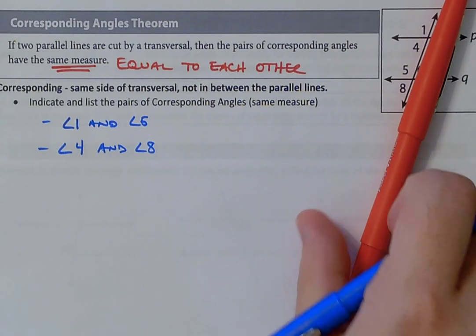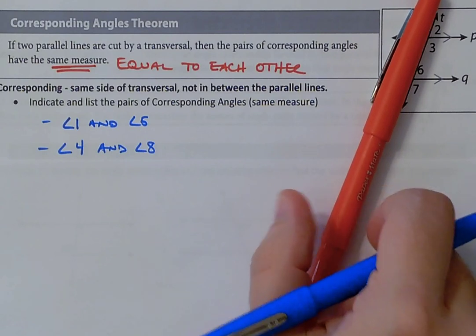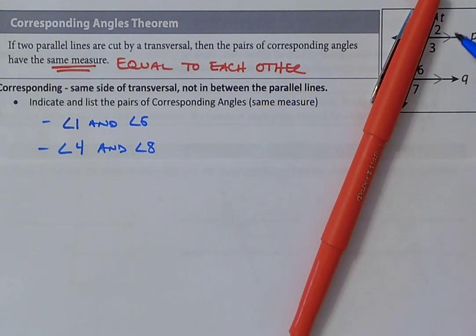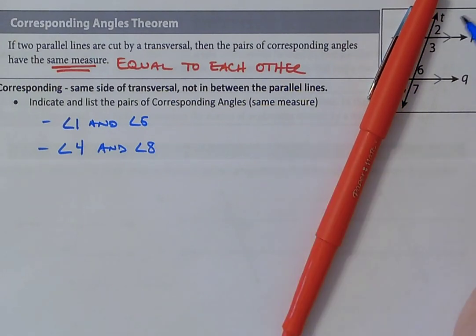We also have the right side of the transversal to deal with. So that means we need to deal with angles 2 and 3, 6 and 7. So 2, 3, 6, and 7 are on the right side of the transversal, and angles 2 and 6 are on the top part of the parallel lines.